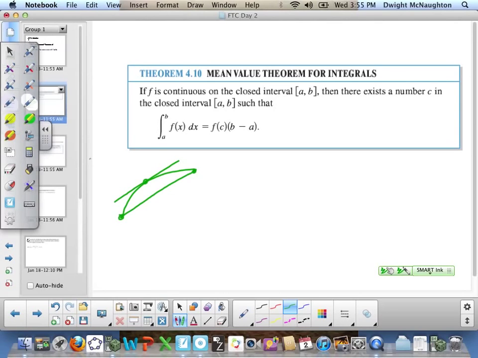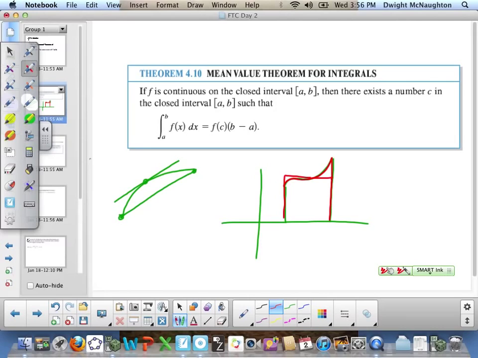Well, the mean value theorem for integrals says we have a function, and an integral is finding the area. Somewhere in that integral, there is a place where if I draw the rectangle I drew, it will have the same area as the area underneath the function.